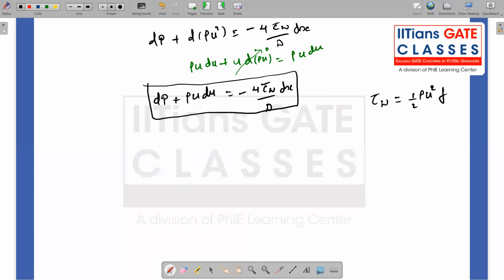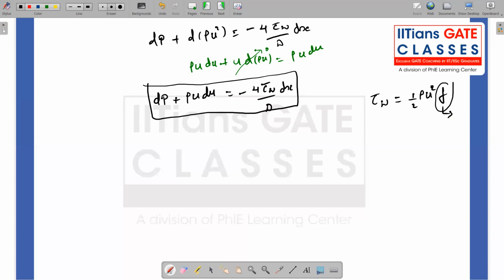So that can be modeled. This is a model, it's not a physical explanation, it's an empirical idea. So we are treating tau w as proportional to a frictional coefficient f with the multiplication factor half rho u square, where f is an empirical constant.